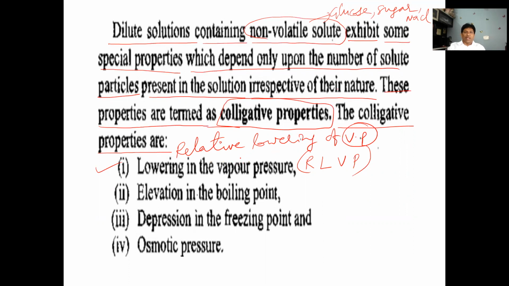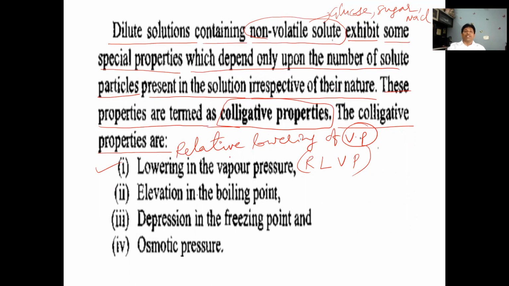Lowering of vapor pressure means if you take pure water, a pure solvent, and add some non-volatile solute particles such as glucose particles, NaCl particles, urea particles, or sugar particles to the volatile solvent like water, suppose glucose particles, initially the pure water has some vapor pressure at a given temperature.